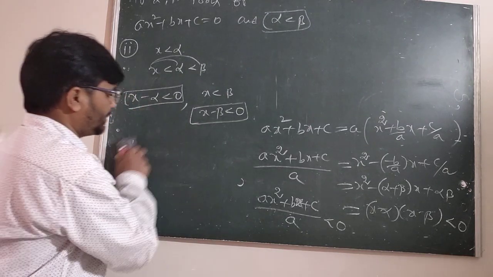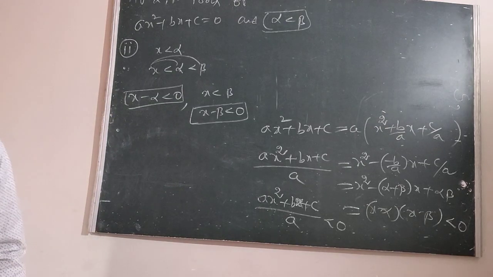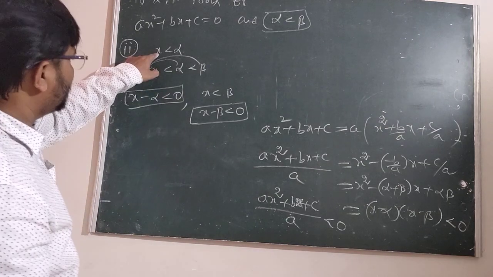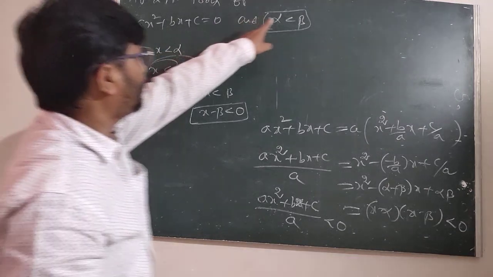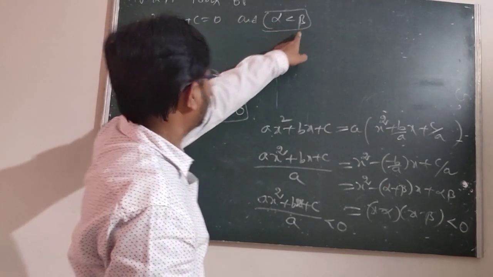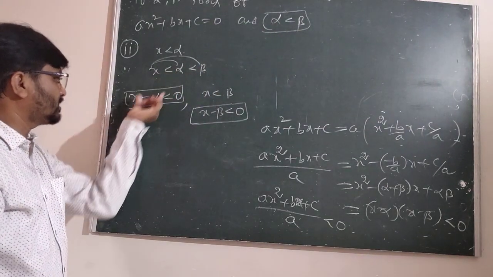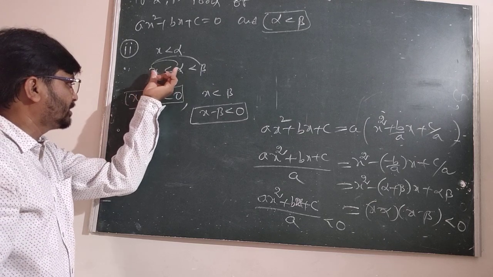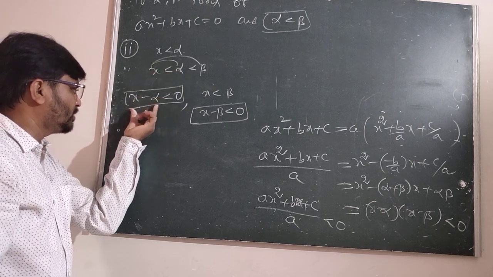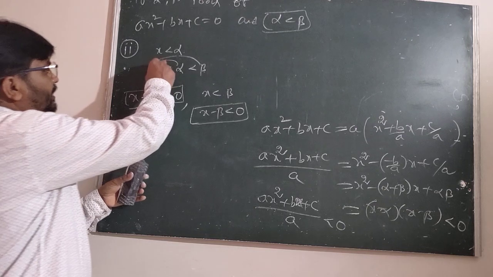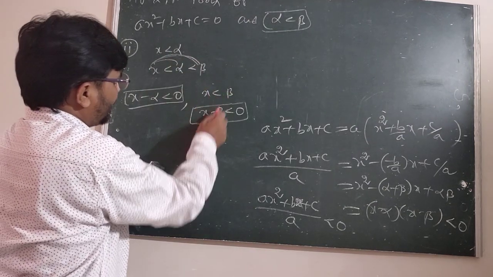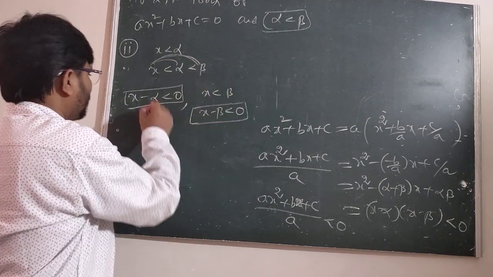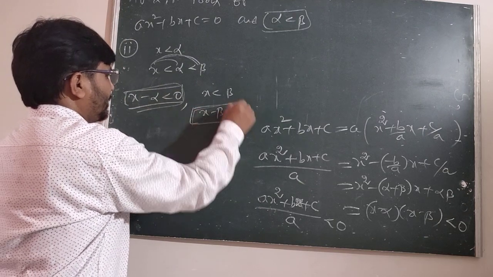Therefore now we can write here, if x is less than alpha, given that alpha is less than beta, now we take x less than alpha, that means x minus alpha less than 0. Then we take x less than beta, that is x minus beta less than 0. Therefore this is a negative number, this is a negative.